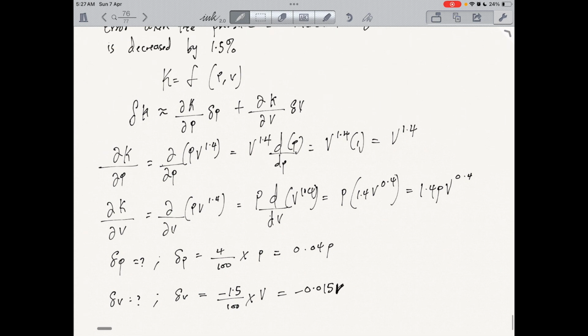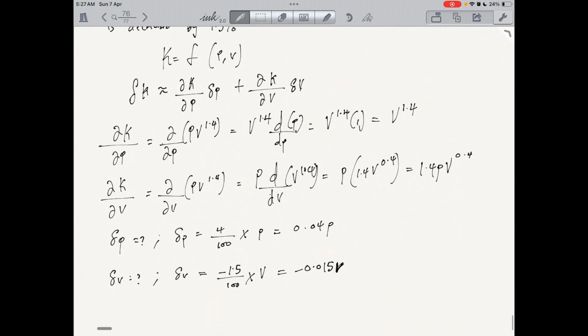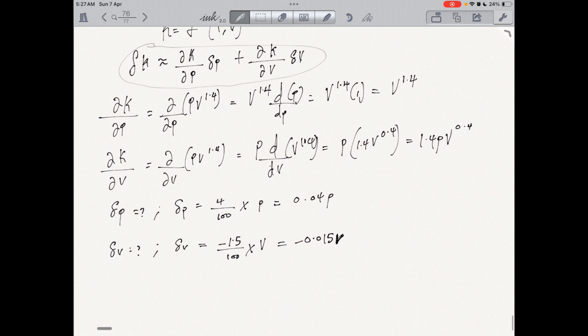Now, let's go back to our formula of small change in K and make substitutions.